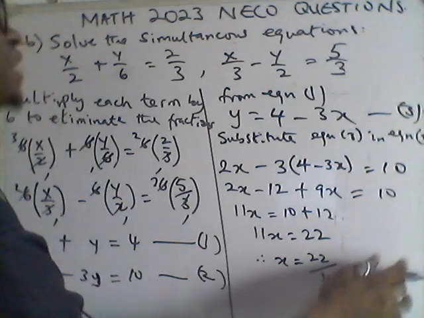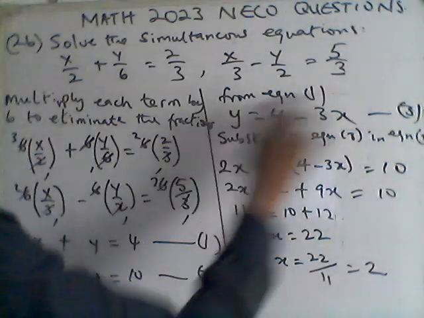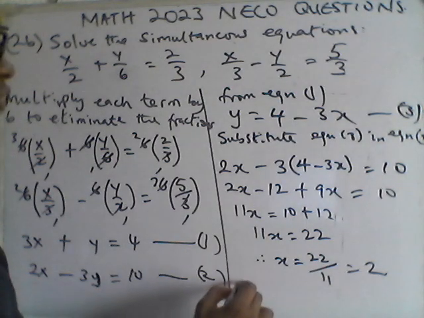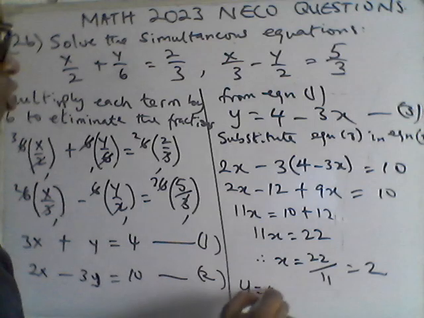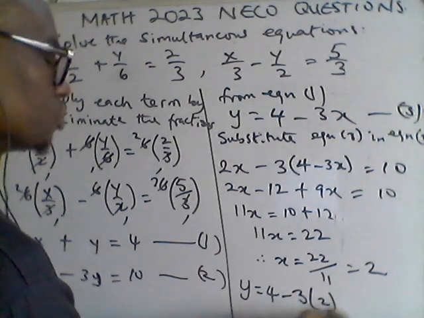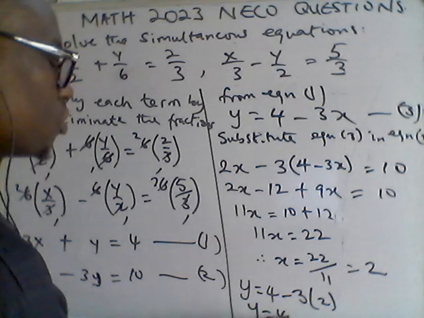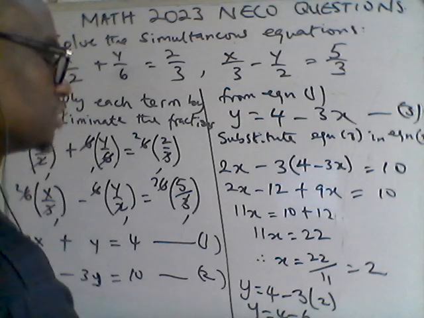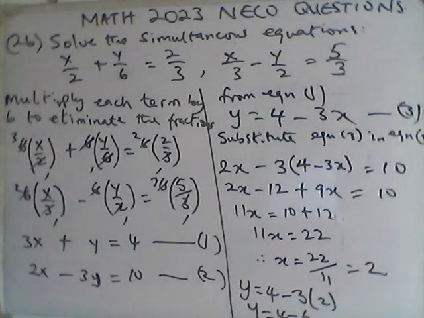So if I have x as 2, I can now get y by substituting in this expression. So in equation 3, I have y is equals to 4 minus 3. Instead of having my x there, I put 2. So y is equals to 4 minus 3 times 2 is 6. So 4 minus 6 is minus 2. So I have x as 2 and y is minus 2 as the answer.